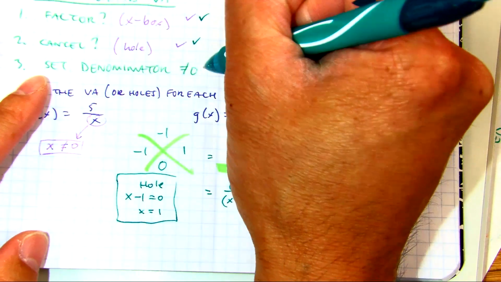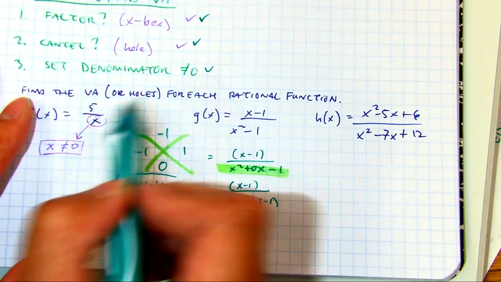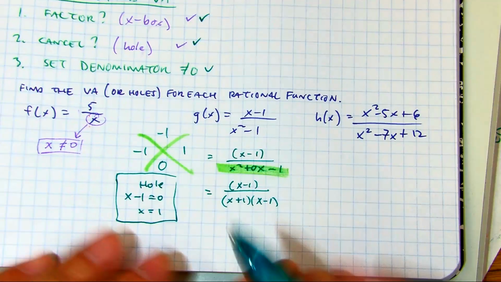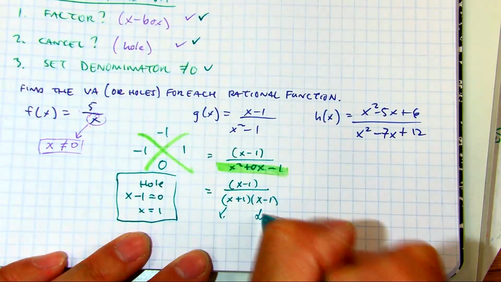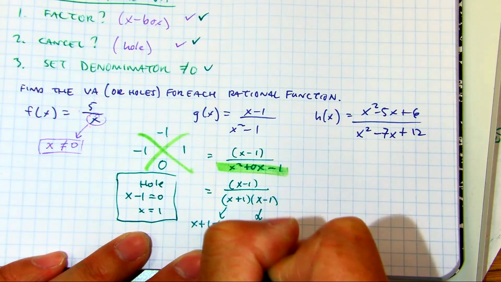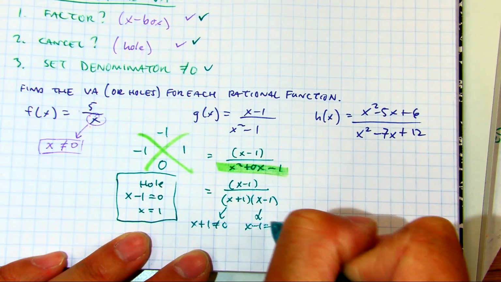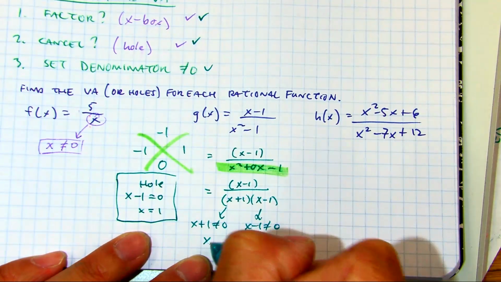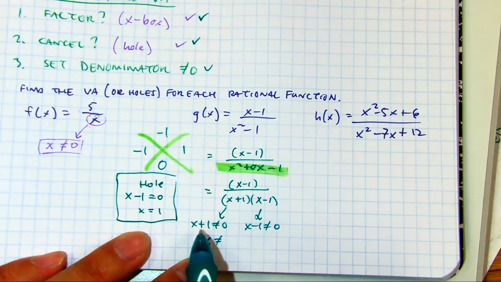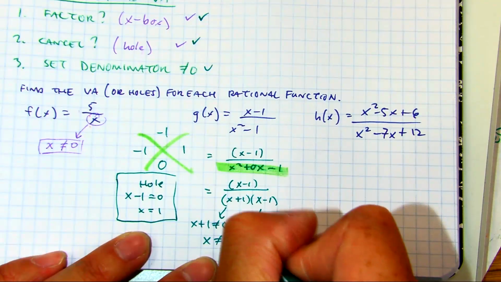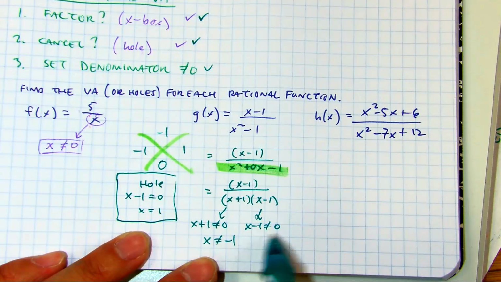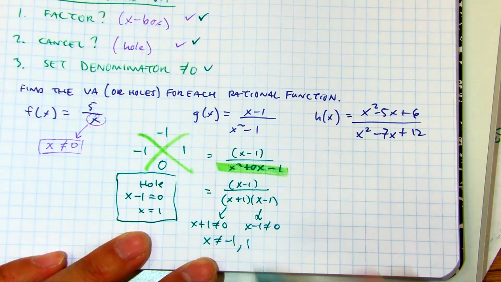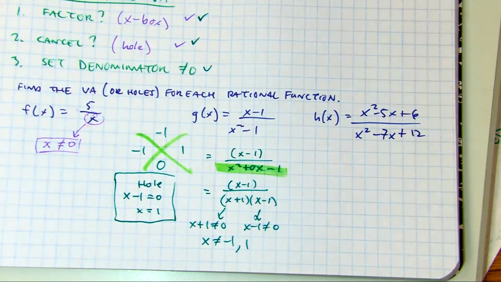Now, we're going to set the denominator not equal to 0 to figure out where the vertical asymptotes are. And so you get x cannot be what two numbers? Negative 1. And over here, if you add 1 to both sides, you get x is not equal to 1. Raise your hand if you got that.